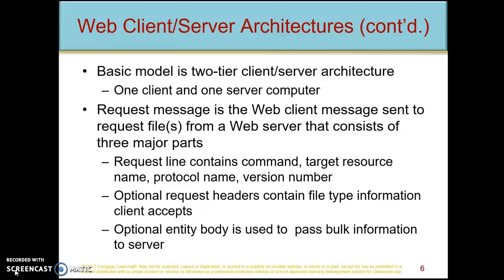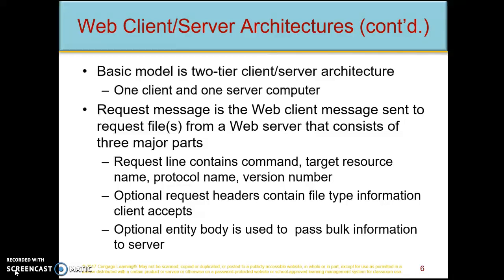The basic model for web client server architectures is a two-tier client server architecture where you have one client and one server computer. The request message is the web client message sent to request files from a web server that consists of three major parts. The request line contains the command, target resource name, protocol name, and version number.